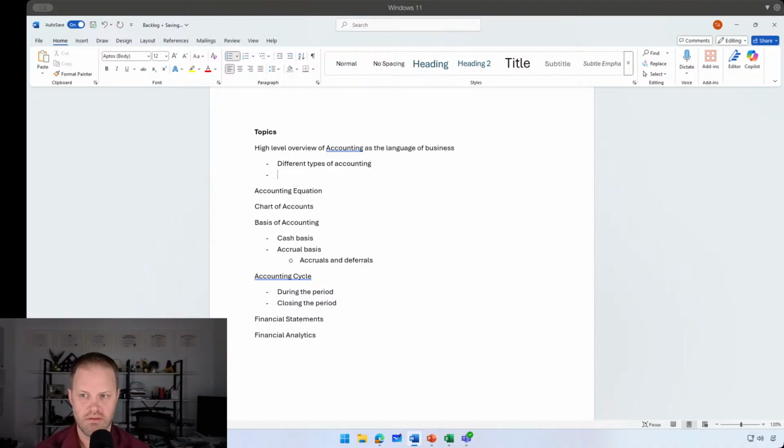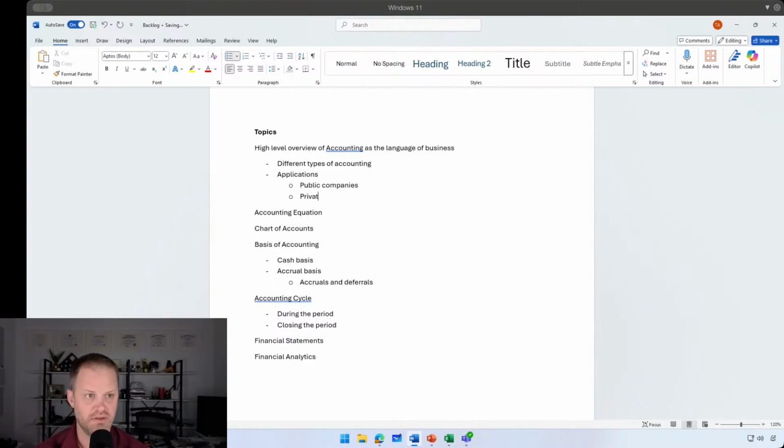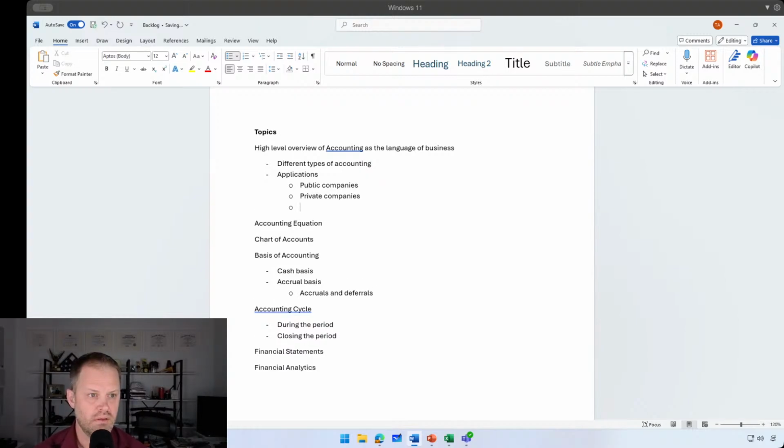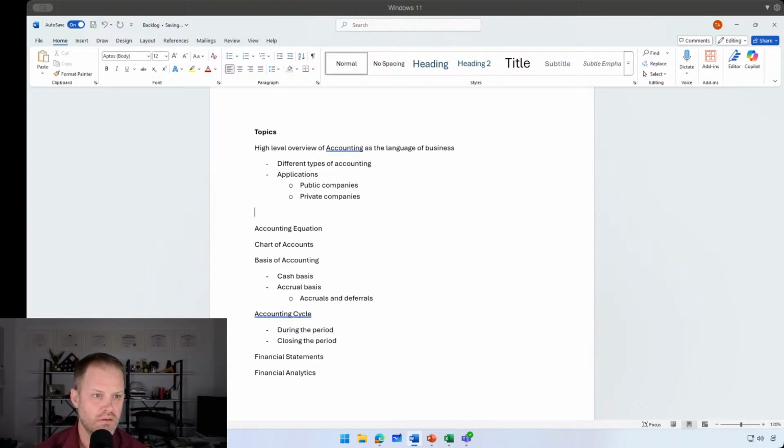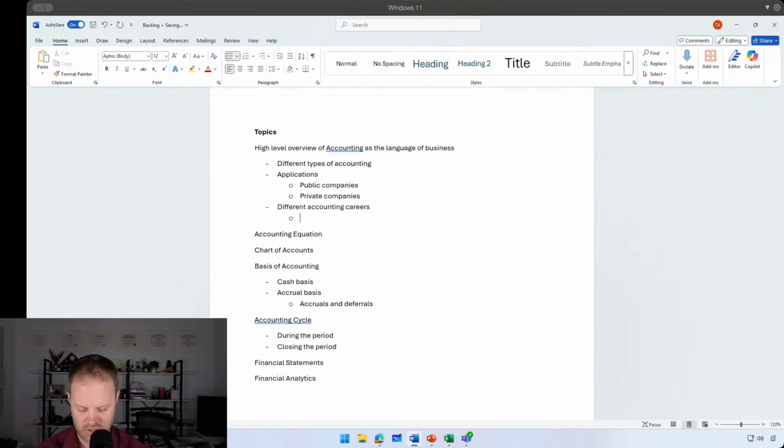And then let's say the different applications. This would be like public companies, private companies, different accounting careers. So those are different tracks.